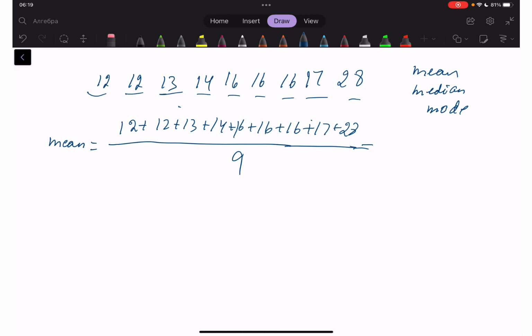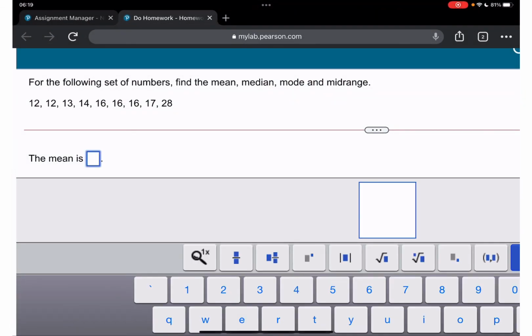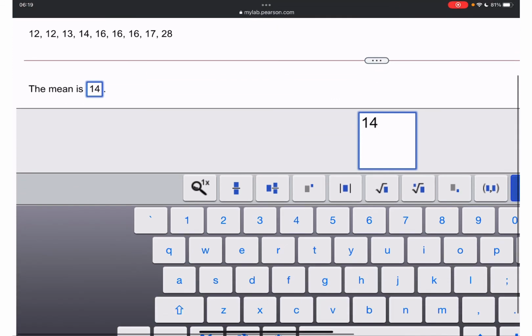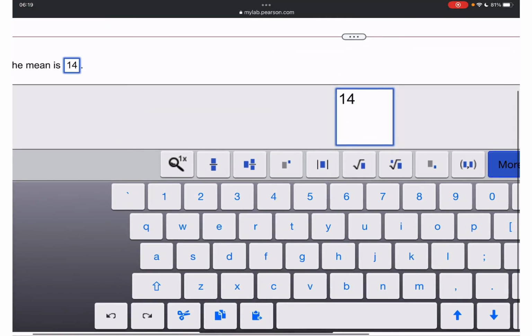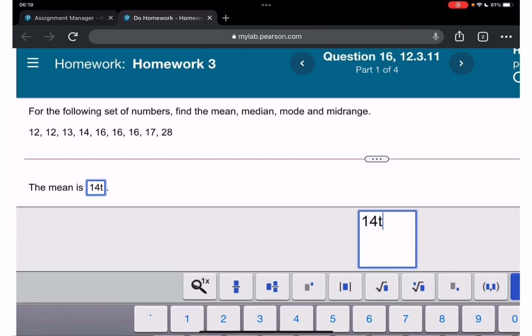Okay, this is going to equal 132, and dividing by 9 we get 14.67 rounding. So we need to round. It doesn't tell us whether to round or not. Let me double check one more time. I don't like it. It doesn't say round to what. That means they expect to get a whole number.